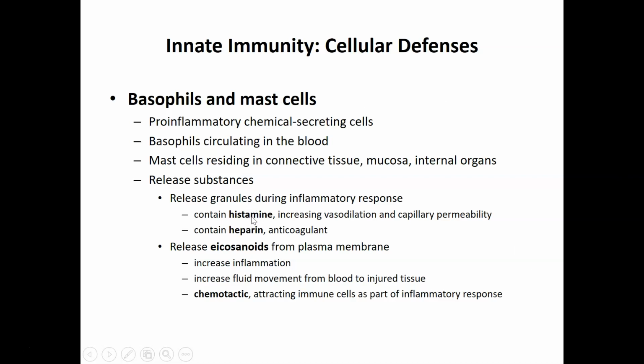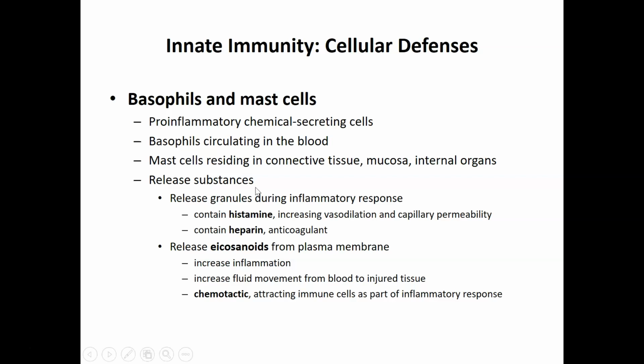So histamine is a type of inflammatory chemical, and this is going to vasodilate local blood vessels. And it's going to increase permeability of capillaries in the location. Also, heparin gets released. This acts to prevent coagulation at a site.